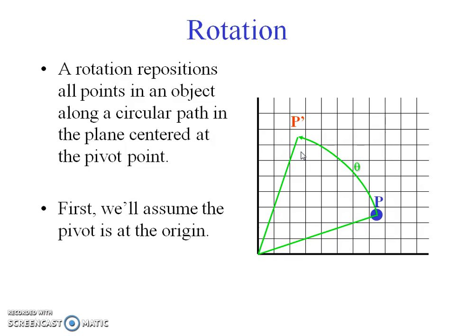In translations, the distance is along a straight line path. In rotation, the path will be a circular path. You can observe this. The original point is P, and it moved towards the left with the theta angle, which gives the P prime value.